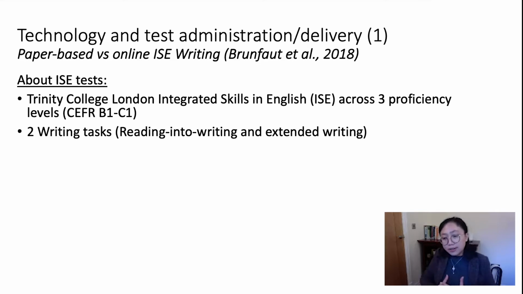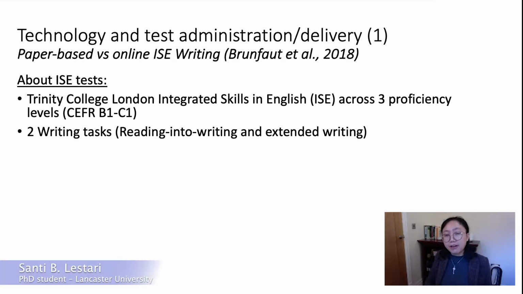They're all on a related topic. And after reading the 4 passages, they have to produce a piece of writing. So essentially, they have to summarize, synthesize, and paraphrase information from these 4 passages in the writing.